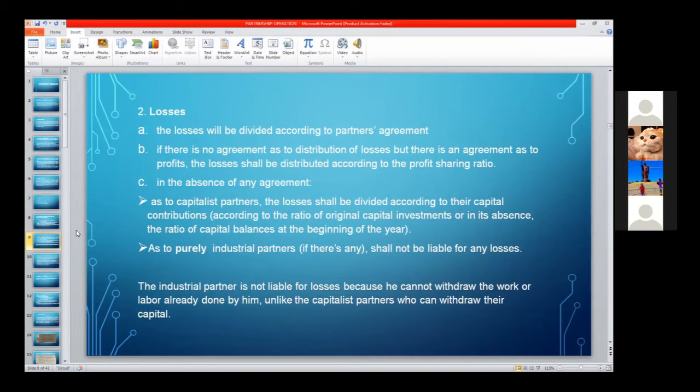So, si industrial partner, kumbaga, pag nagkaroon sila ng loss, ang loss niya na doon is yung pagod and effort niya sa pagtatrabaho sa partnership, ganun. And yun po, next na po.